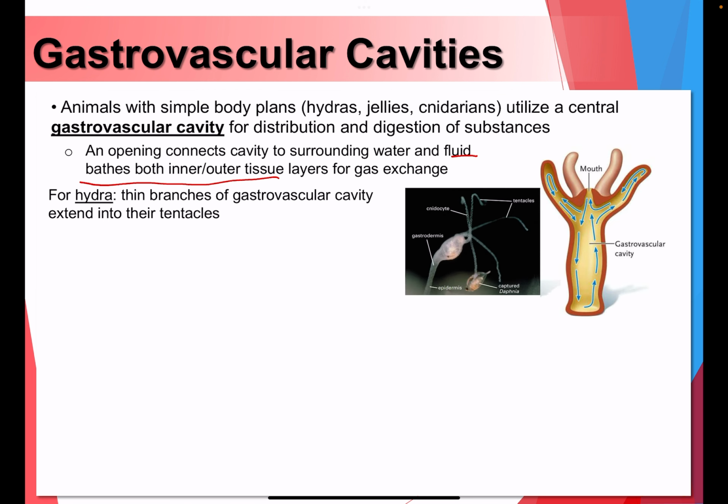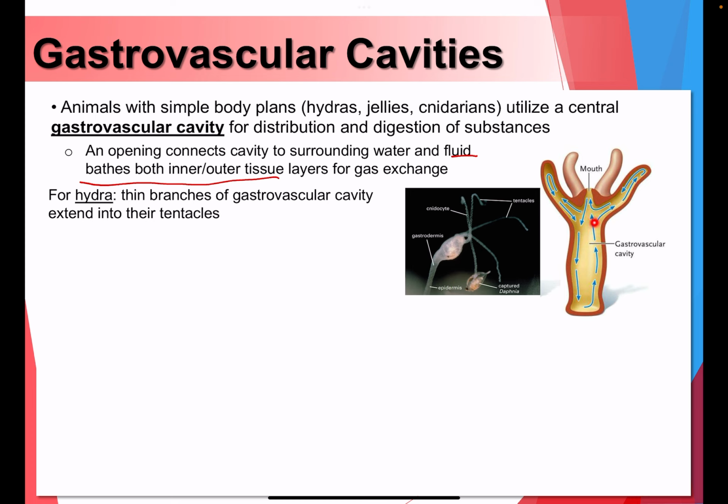So for the hydra, there are thin branches of gastrovascular cavity right here as well. In the picture we saw earlier with the hydra, we only see the gastrovascular cavity here. But technically, even the tentacles coming out of their body have that thin branch of gastrovascular cavity where it just circulates.